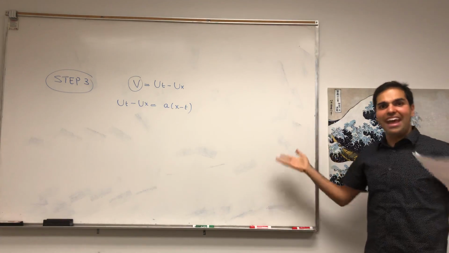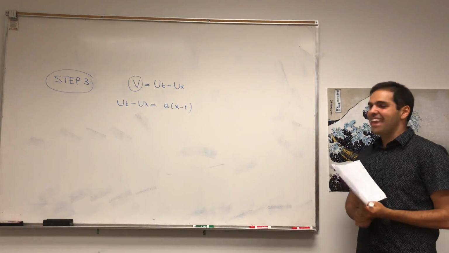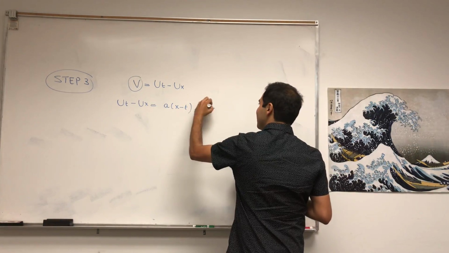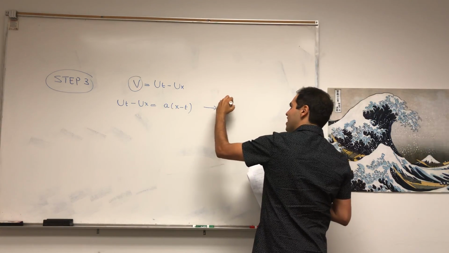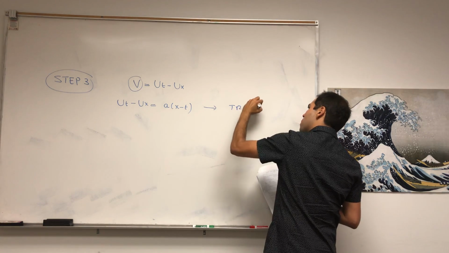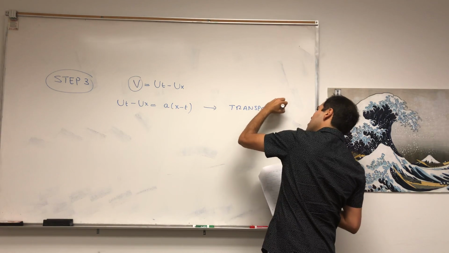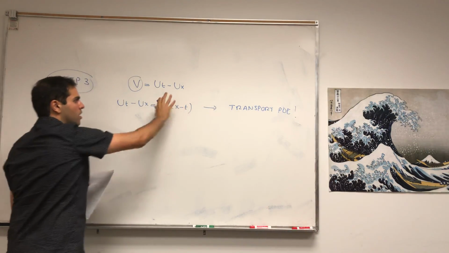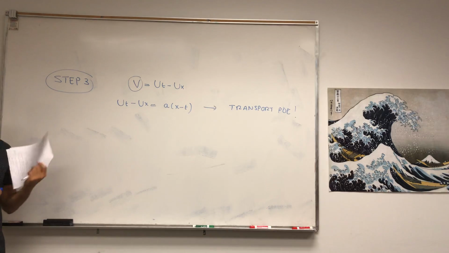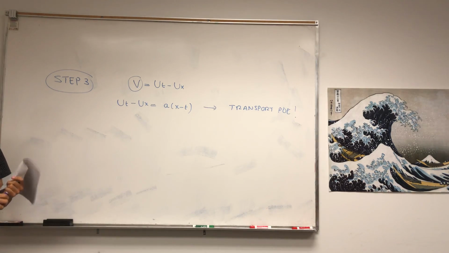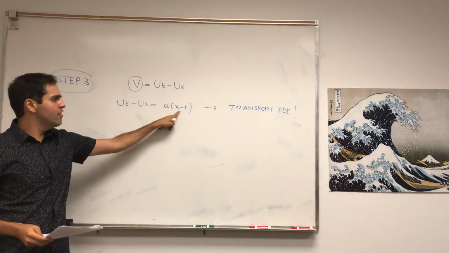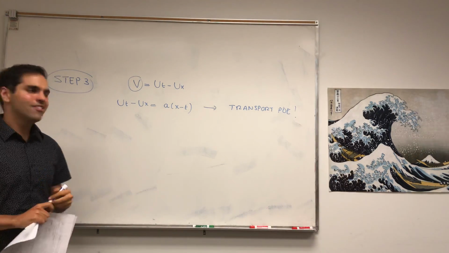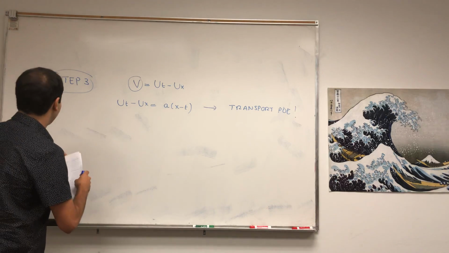You might say, okay, what about this? Can we solve for u? In fact, we can, because this is actually another transport PDE. If this were 0, you would just get the transport PDE as I talked about before, but the only difference is we have this inhomogeneous term, but we're still able to solve this, as in the other video.